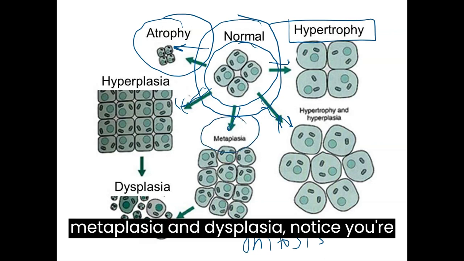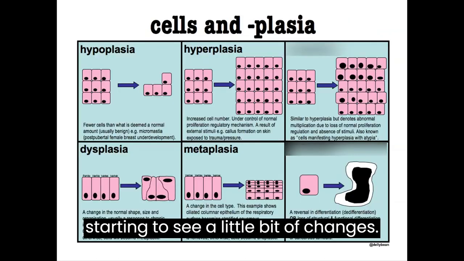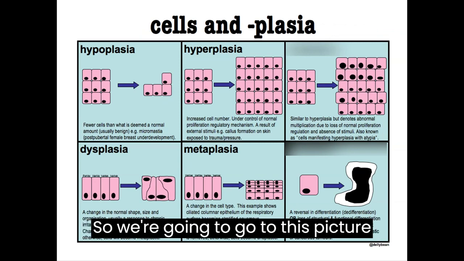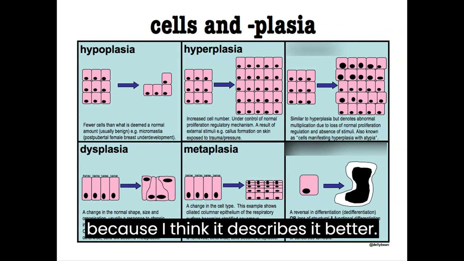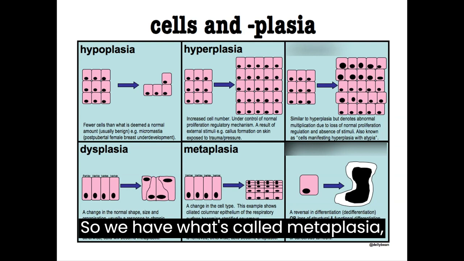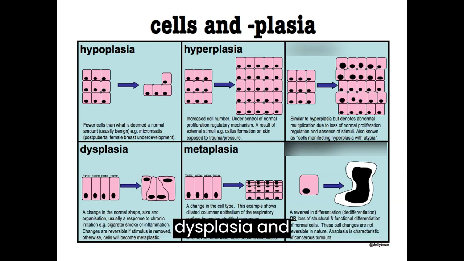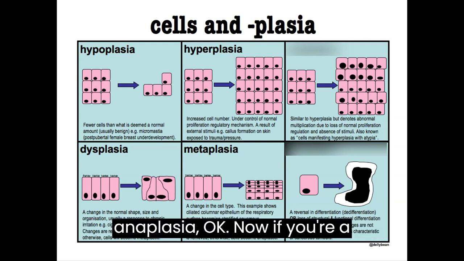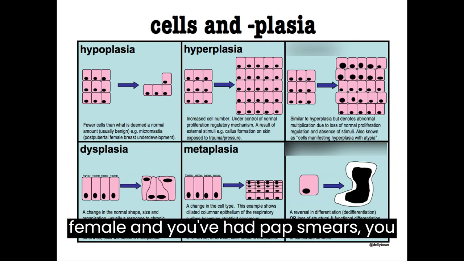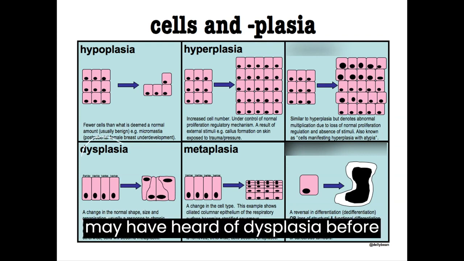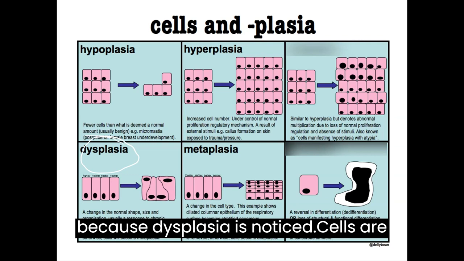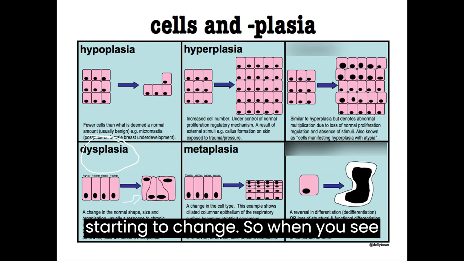Now, if you look at metaplasia and dysplasia, notice you're starting to see a little bit of change. So we're going to go to this picture because I think it describes it better. We have what's called metaplasia, dysplasia, and anaplasia. If you're a female and you've had pap smears, you may have heard of dysplasia before, because notice the cells are starting to change.